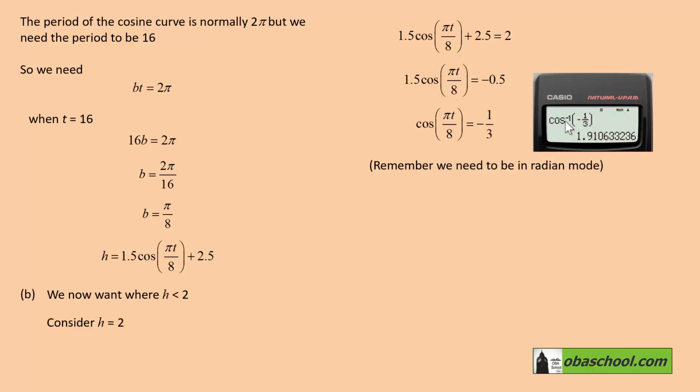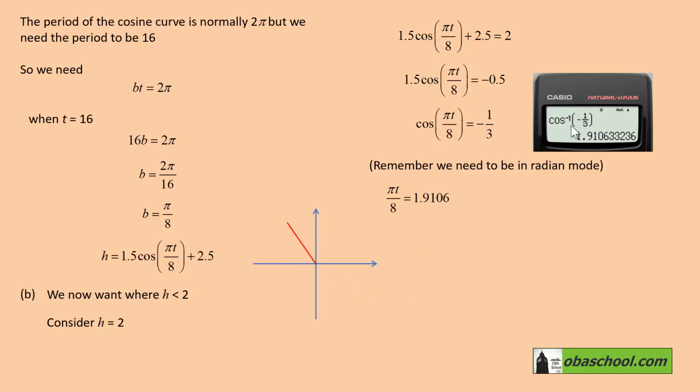Now, the inverse cosine of negative 1/3, if we work in radians, is 1.9106. So pi t over 8 is 1.9106. So that's going to be here.